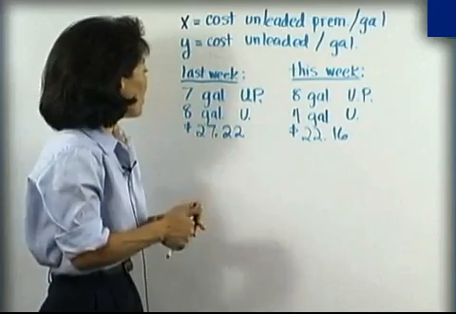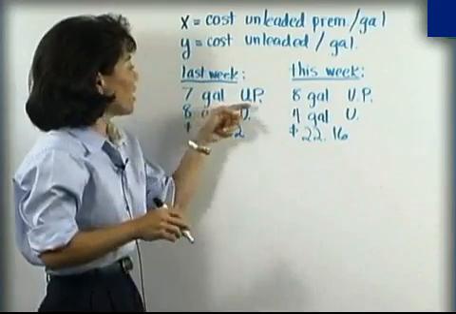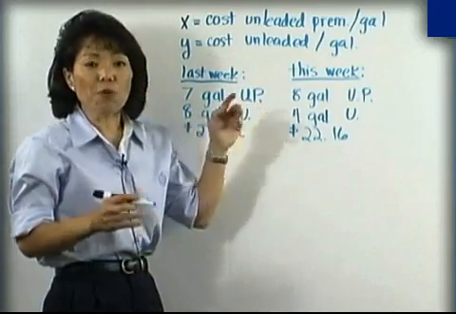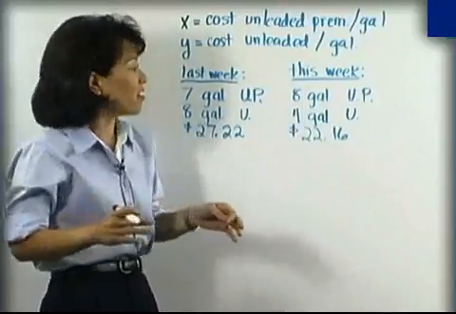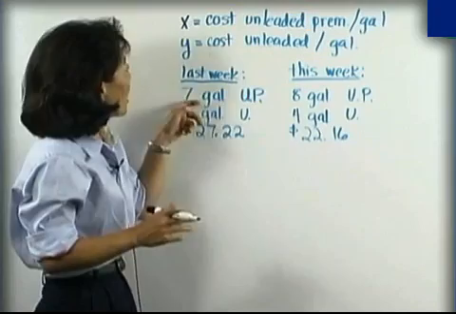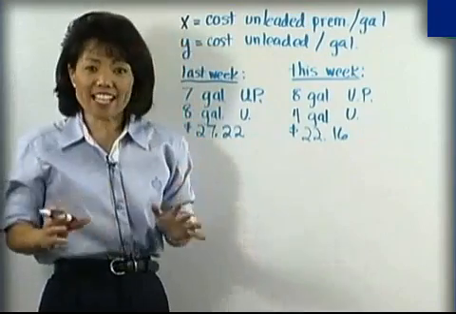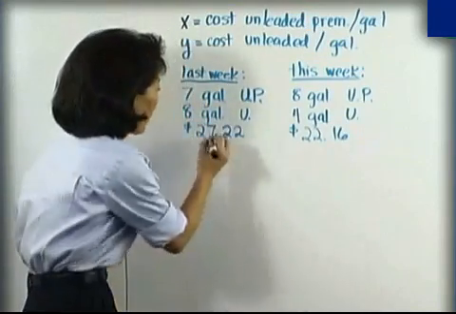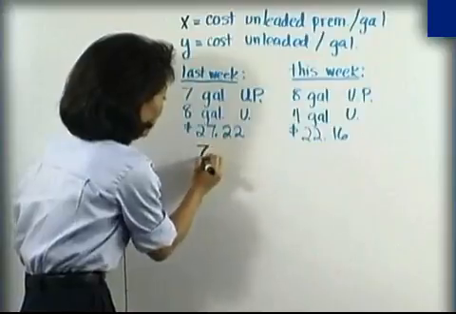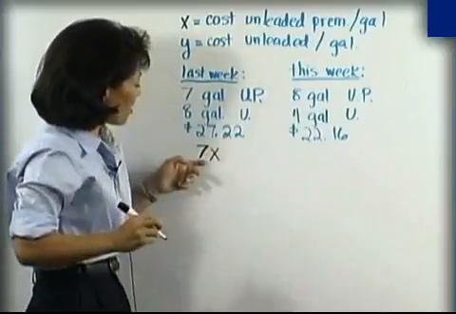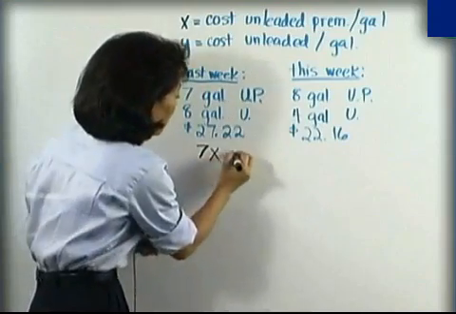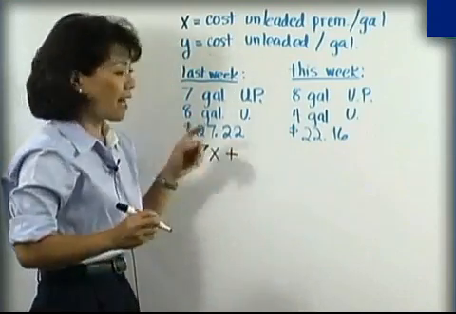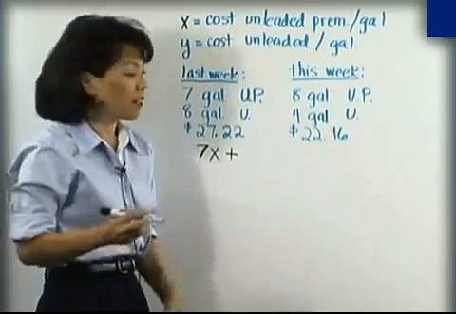We know that he purchased 7 gallons of unleaded premium. We don't know the cost, so to calculate the cost of the gasoline, we're going to take the 7 and multiply it by X, the unknown cost of gas. So last week, we have 7X, 7 gallons at X cost, plus he bought 8 gallons of unleaded regular.